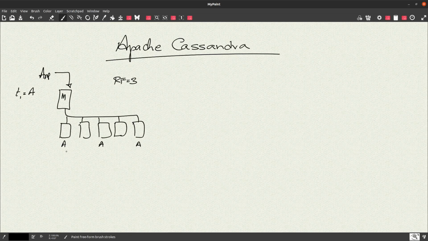It might also say, look, I have put the data in this node and I might asynchronously put the data in these two. At least if I store the data in one node, I can respond back to the client, okay, I'm done, and these two I can do asynchronously.